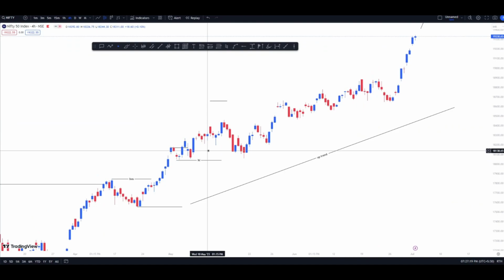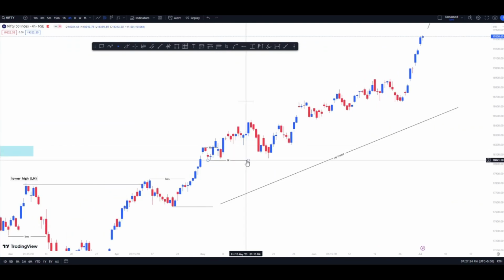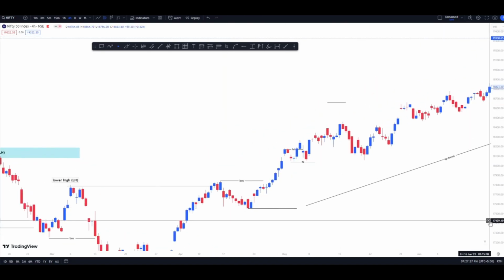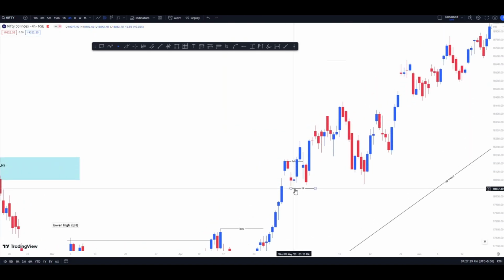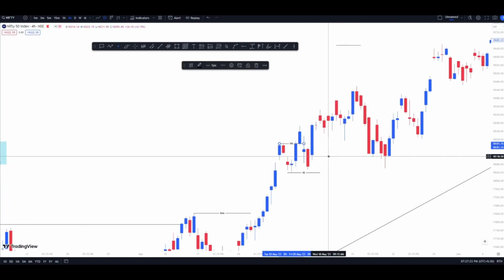So this is my higher high and this is my higher low. Please take this market structure topic very seriously, because this is the basics, and if your base is not strong, the entire top will also be fractured.